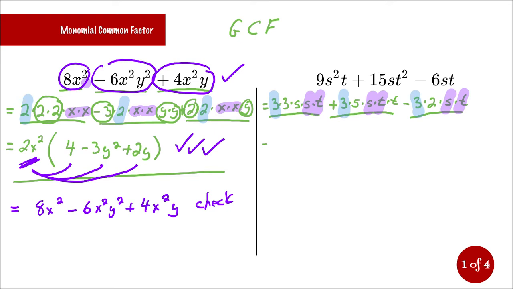The greatest common factor will be 3st. Each line of math must equal the line above it, so I'm left with 3s, 5t, and negative 2.